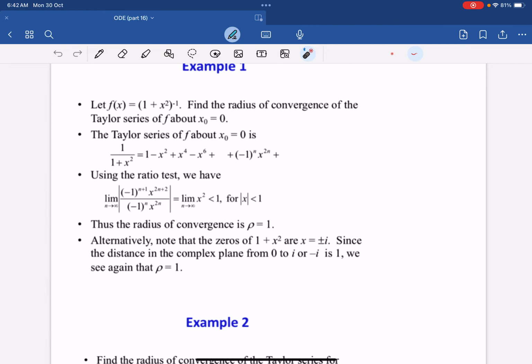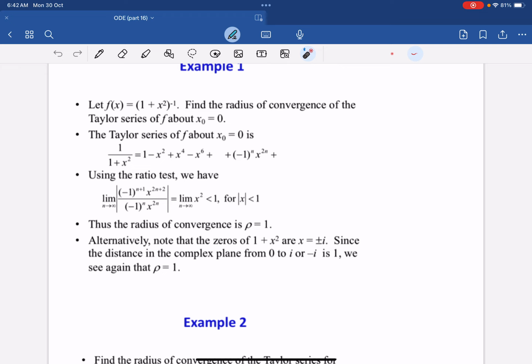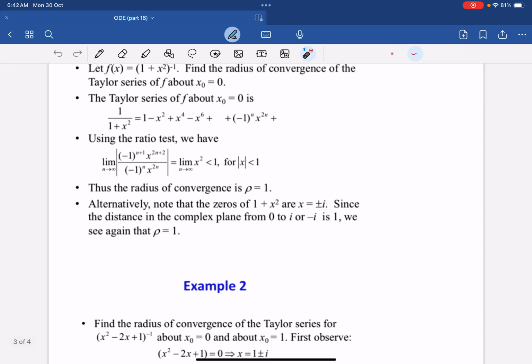So here's an example. Let's say you have f(x) equals 1 over 1 plus x squared, and you want to find the radius of convergence. We can expand the Taylor series to form this, and use the ratio test, which is very standard. But if we just look at the zeros of 1 plus x squared, then x must equal plus or minus i.